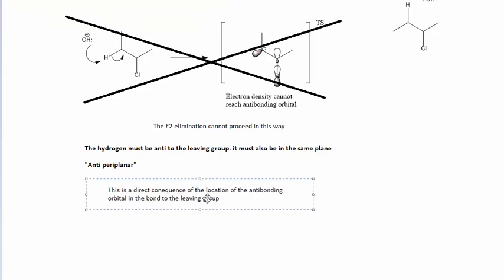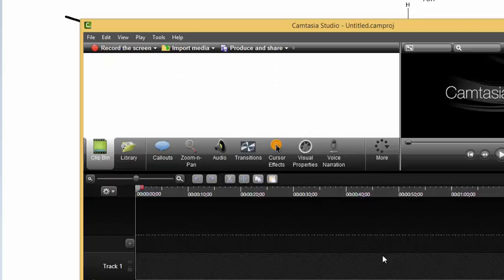So again, the reason why the E2 elimination must occur with so-called anti-periplanar or anti-coplanar geometry is this entire orbital bonding argument, that the electron density that comes from the base deprotonation must be able to reach the antibonding orbital, which will weaken the sigma bond there, causing it to break. Okay, next time we're going to do actual examples on how to do the E2 elimination.